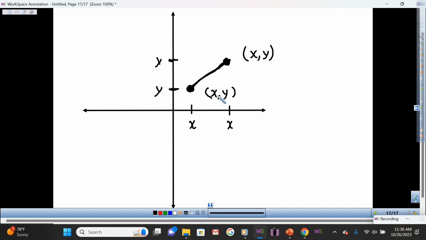Yes, so then I'm going to label this one x sub 1, y sub 1. This being second point, I'm going to label x sub 2, y sub 2. All right? Keep that in mind because we're about to find the slope.